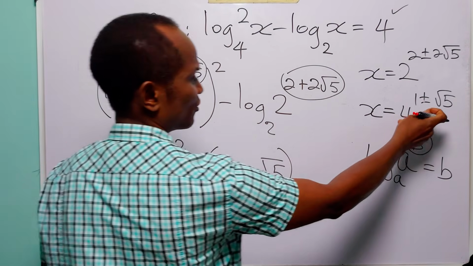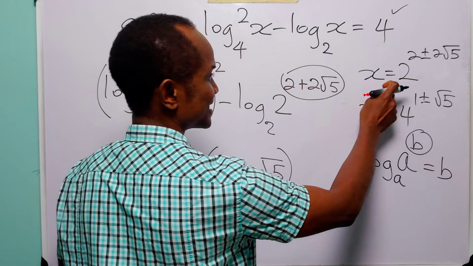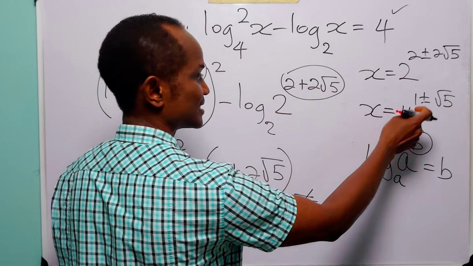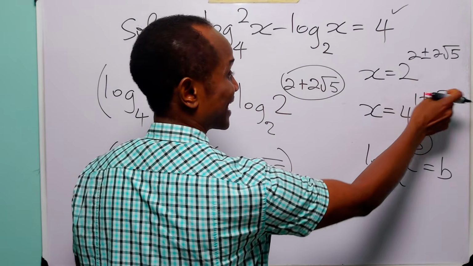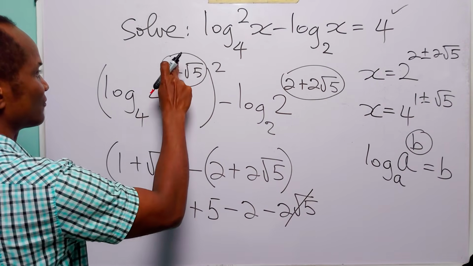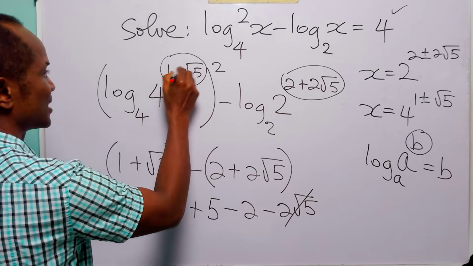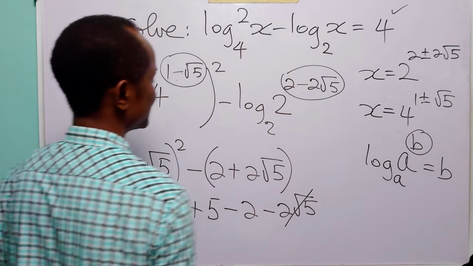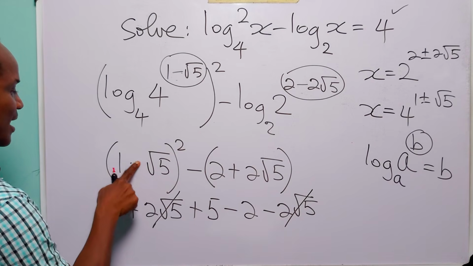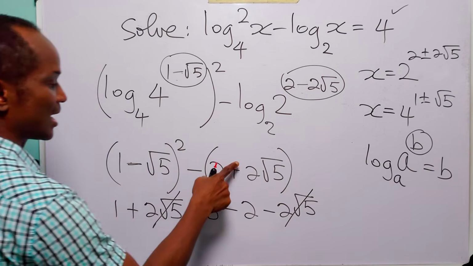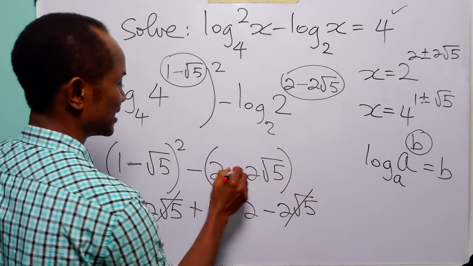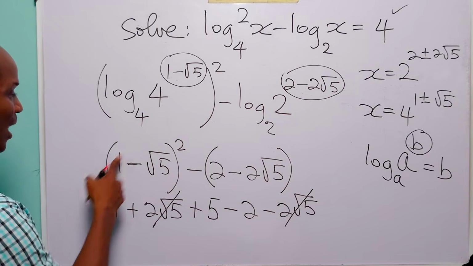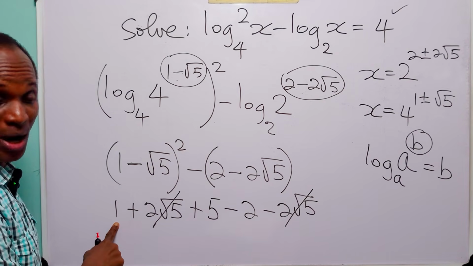Now when we look at the second value of x, which in this case is 2 to the power 2 minus 2 root 5, and in this case is 4 to the power 1 minus root 5, all we have to do is to change the signs. So here we have negative, and also here we have negative. 1 squared still remains equal to 1.